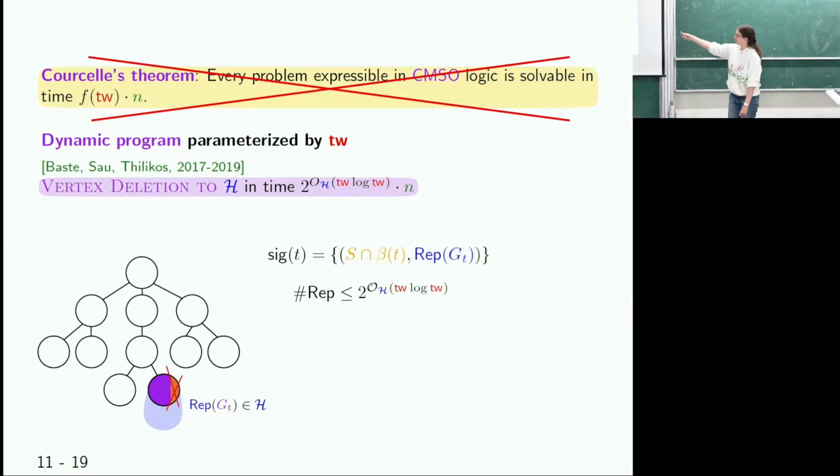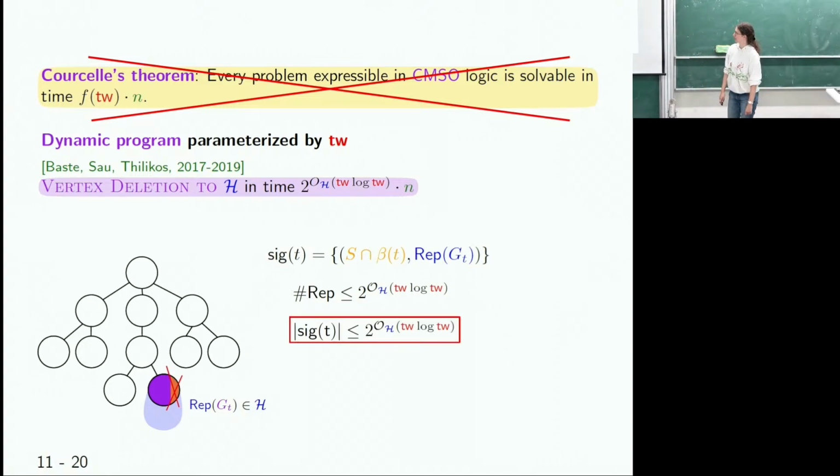And so essentially, the signature of each node of the tree will be just the intersection of the solution you guessed with the current bag and the representative below. The number of representatives is bounded, the guess on the solution is also bounded, so the size of the signature is bounded.